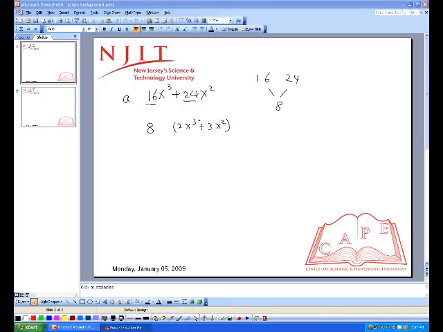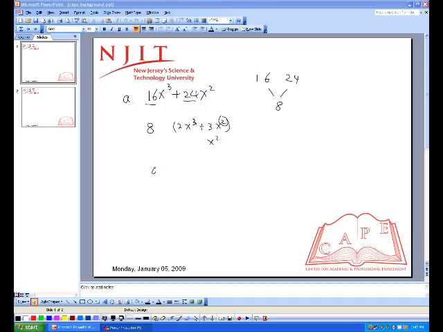The second thing we can factor out is the lower degree term of x. Let's say we have x cubed and x squared. We can always factor out the lower degree term. So that means now we can factor out x squared.